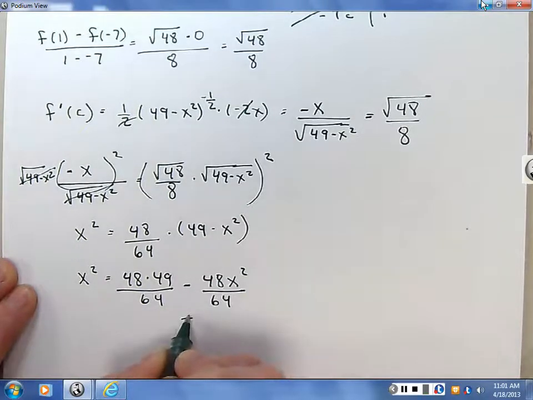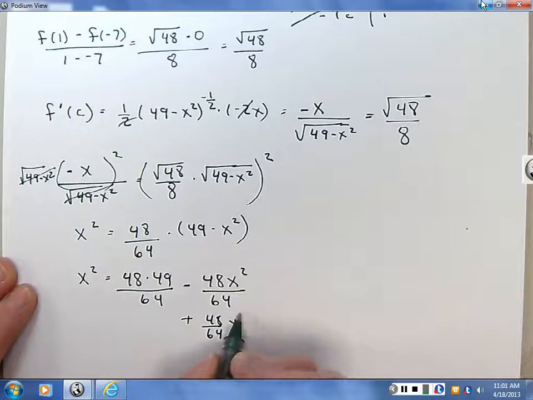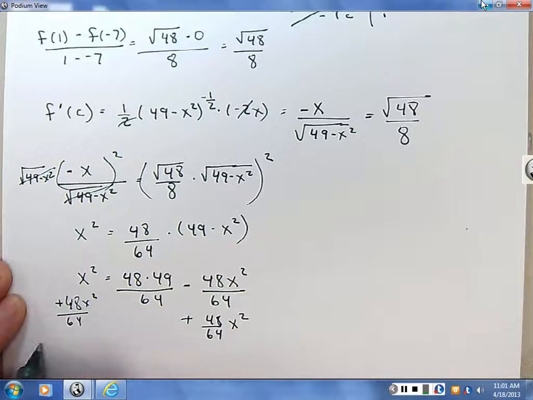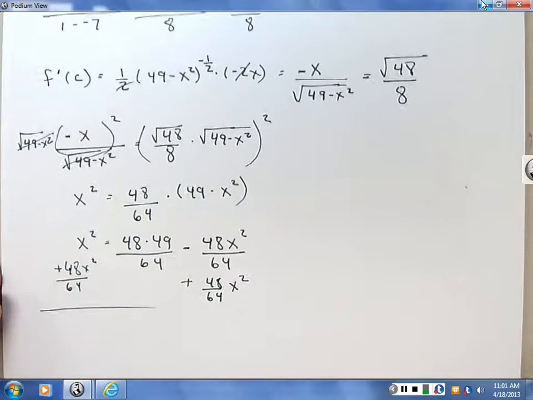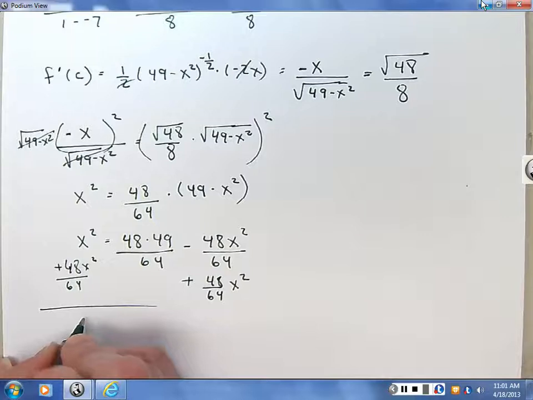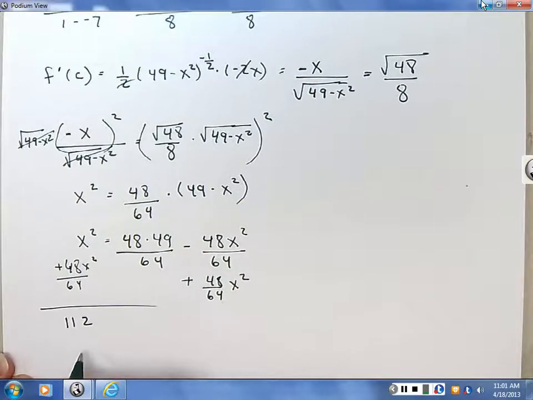So if I add 48 over 64 x squared to both sides, I would get 48 plus 64 is 112, so 112 over 64 x squared equals 48 times 49 over 64.